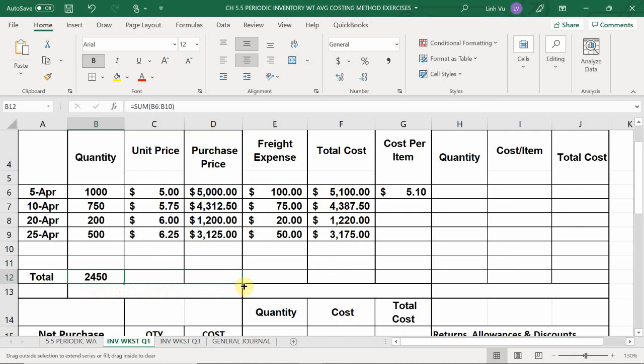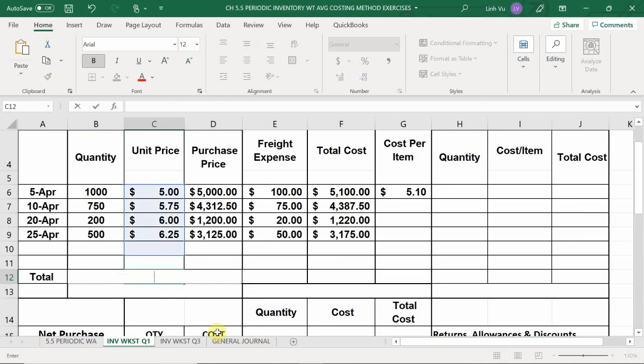What was my total purchase price? $13,637. Okay, yes, that's correct.